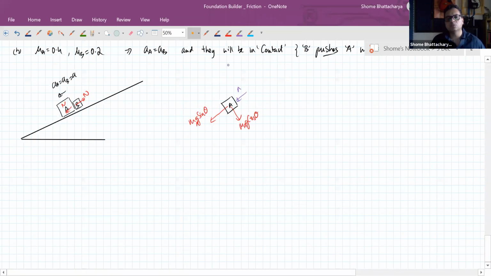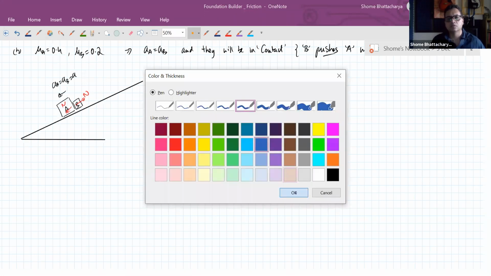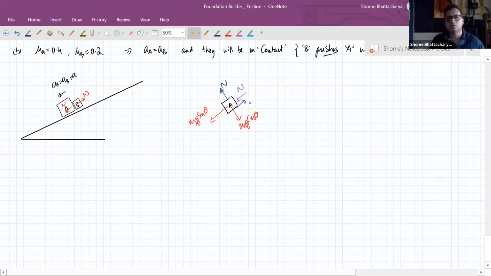B is pushing it down with some contact force. Obviously normal reaction and also some kind of frictional force, which will be mu A into the normal reaction. Now all this together is giving it an acceleration of A like this.